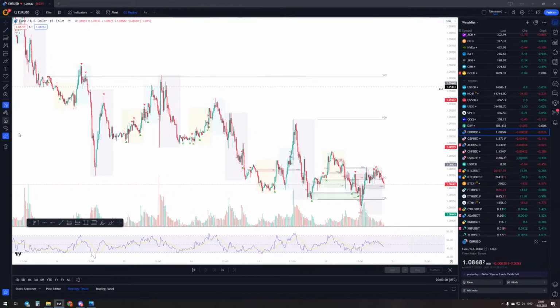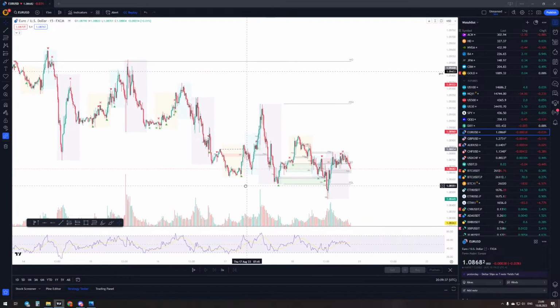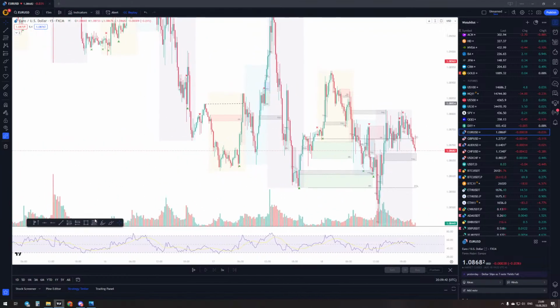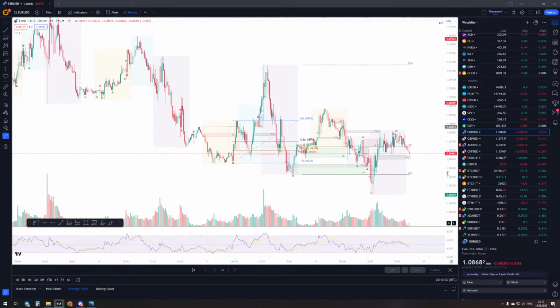You can expect us not to have wicks, and so we went down with this wick, but the body of the candle is still above the 0.79 zone, which is very important.